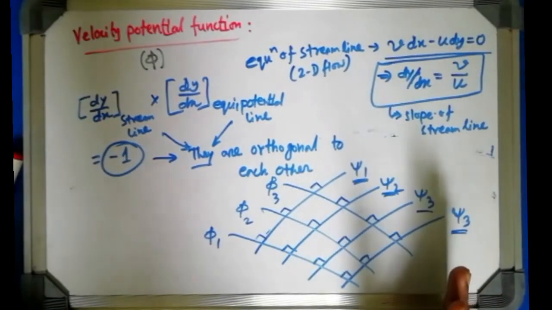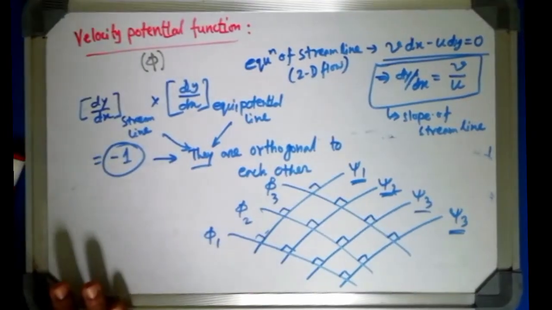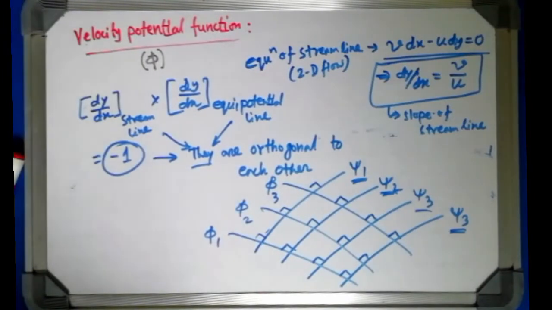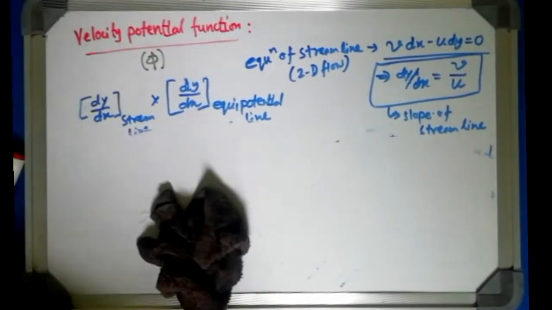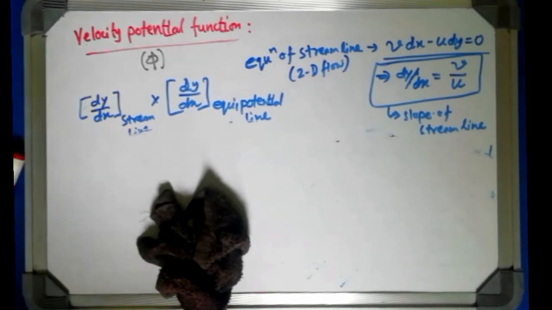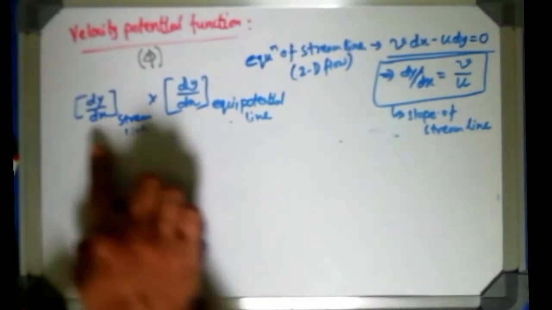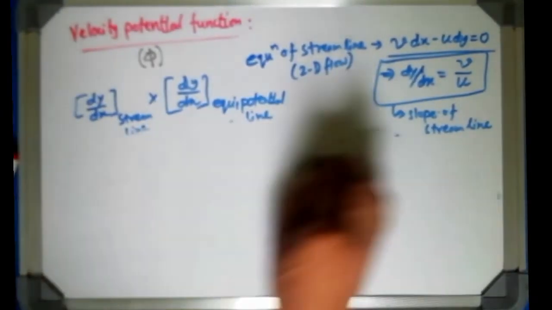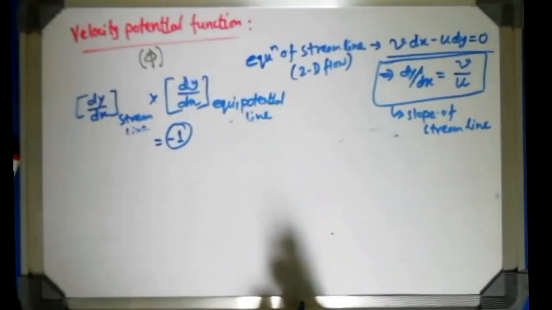So from now it is very clear what the velocity potential function is and what the stream function is. Now I think it is very clear for all of us. If I make a differentiation between stream function and velocity potential function, it will be more clear. It is a very important relationship that the product of their slopes is -1.